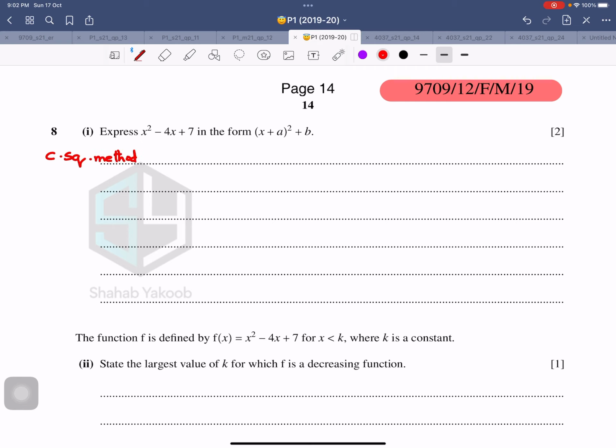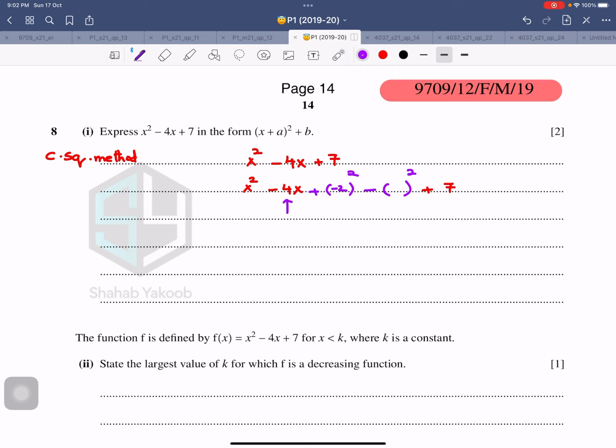First things first, make sure the coefficient of x squared is 1, which is the case over here. The first two terms are written as they are. The constant is pushed to the last. First add, then subtract the square of half the coefficient of x. What is the coefficient of x? -4.